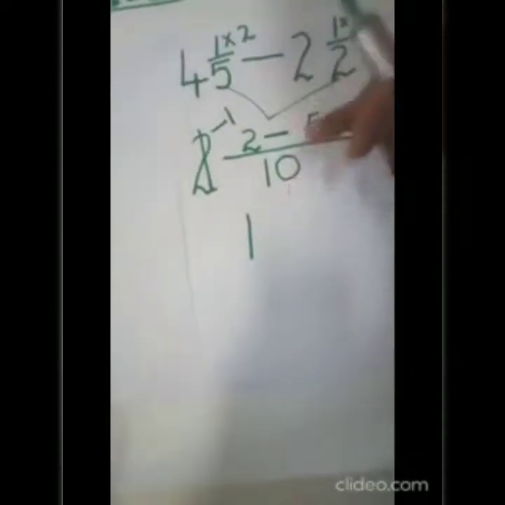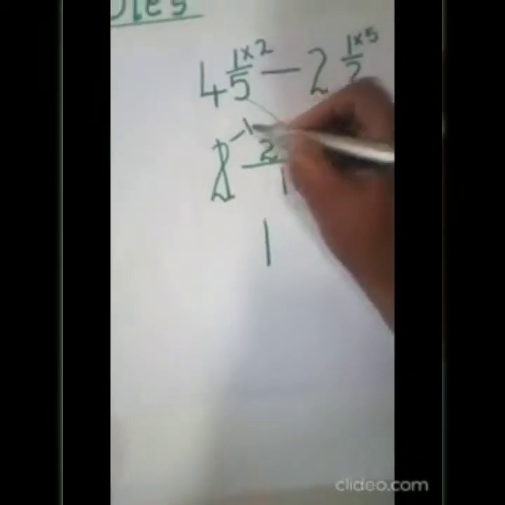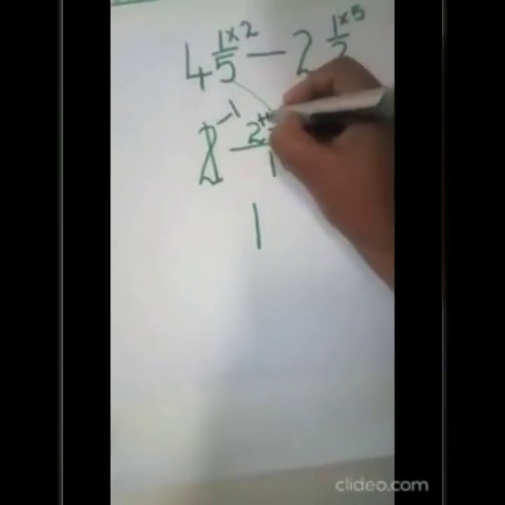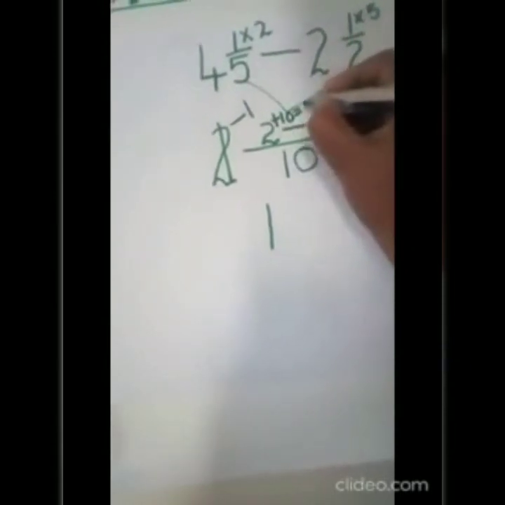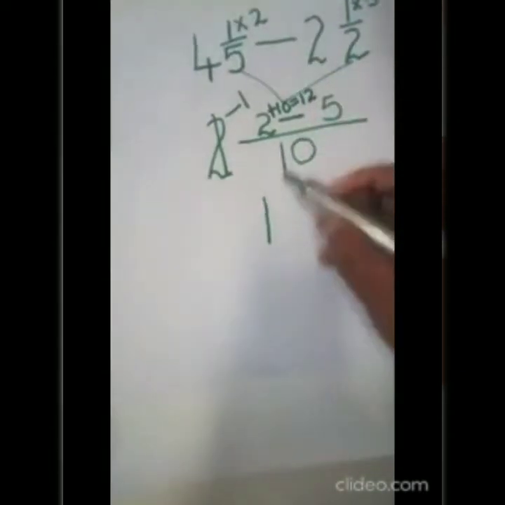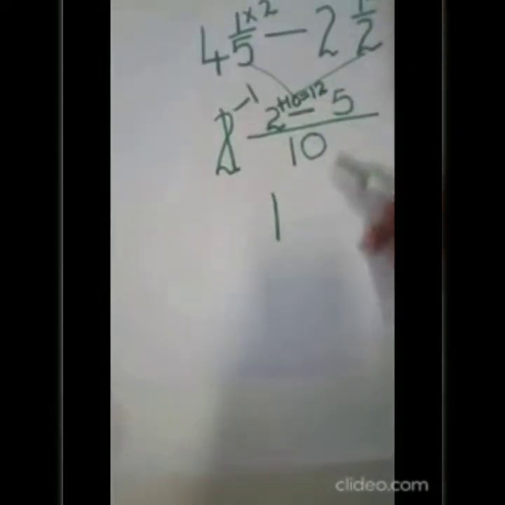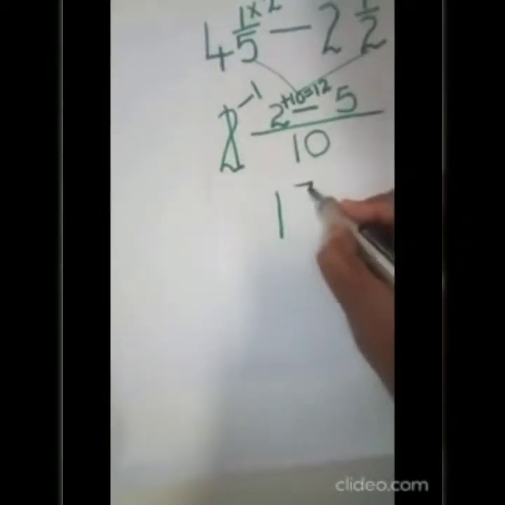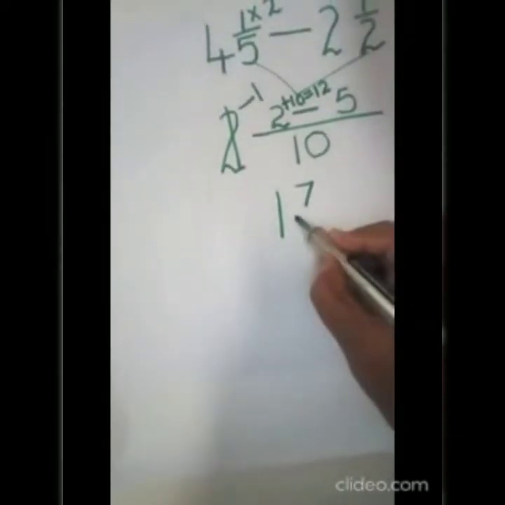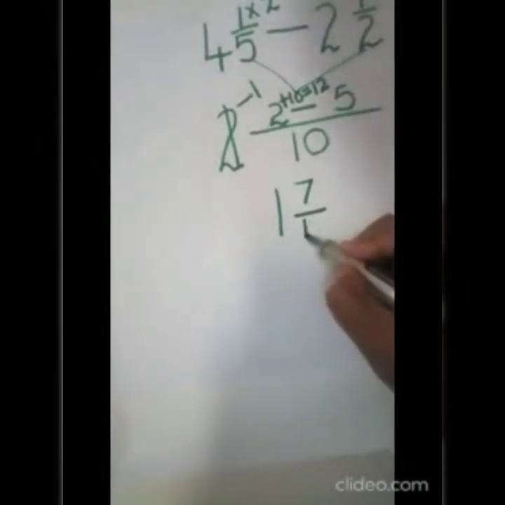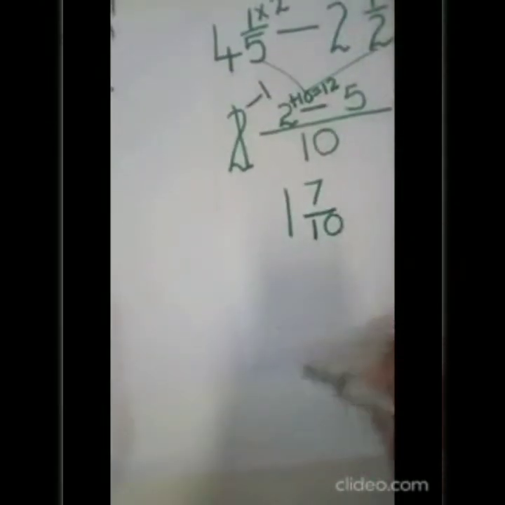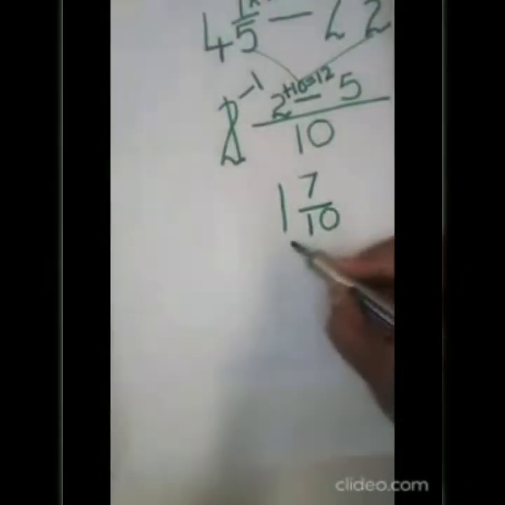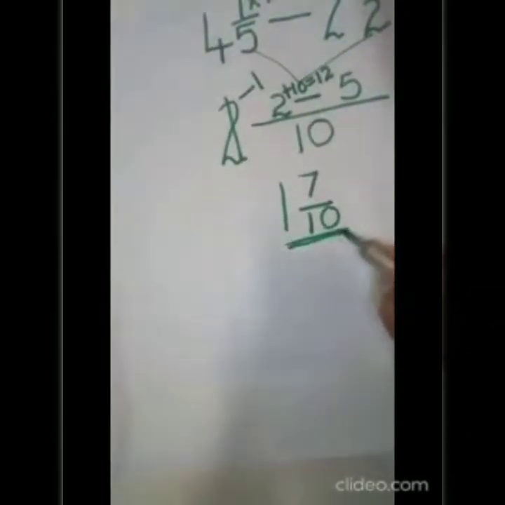We are going to say, since our denominator is 10, it means our whole number is 10. So we are going to add 10 to 2. And it will give us 12. Now we have 12. We subtract 5 from 12. And our answer will be 7 out of 10. So our answer now finally is 1 and 7 over 10.